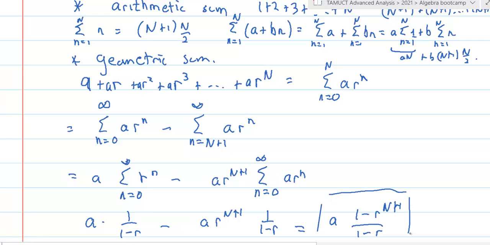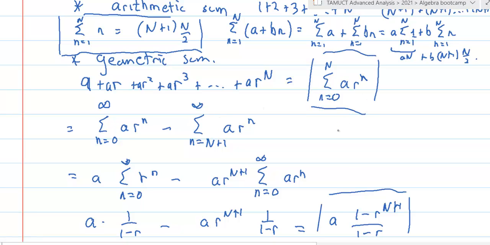Okay? All right. So these two formulas are things that you should know. You should certainly know this. And you should also know that this summation here is equal to this. Those are two things that you should know.